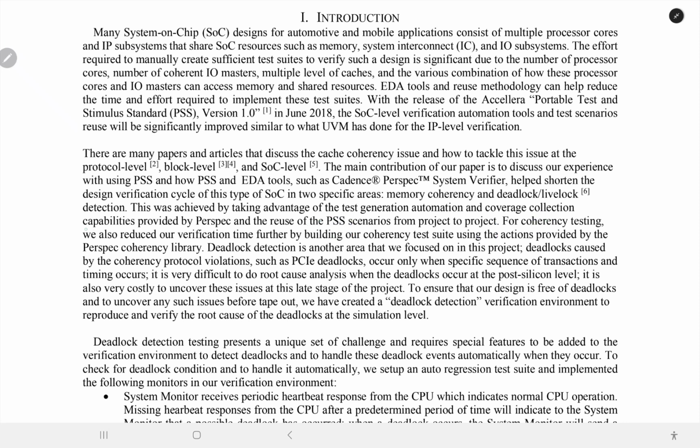For coherency testing, we further reduced our verification time by building our coherency test suite using the actions provided by the Perspec coherency library.